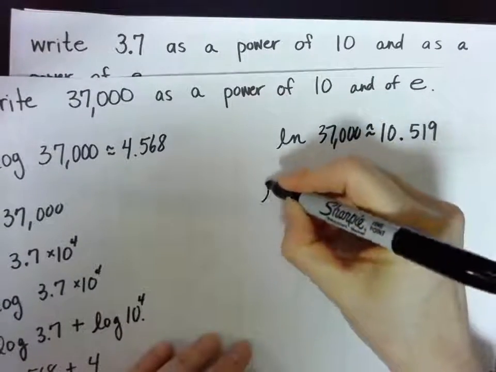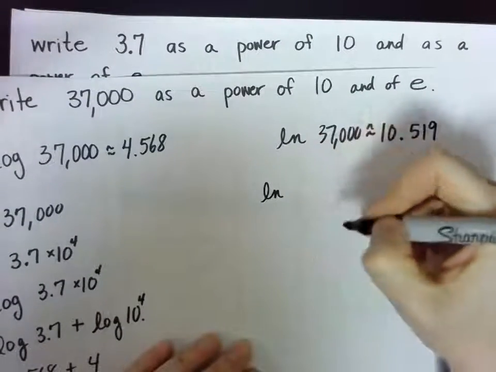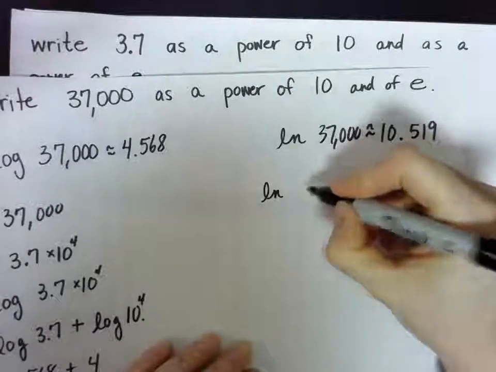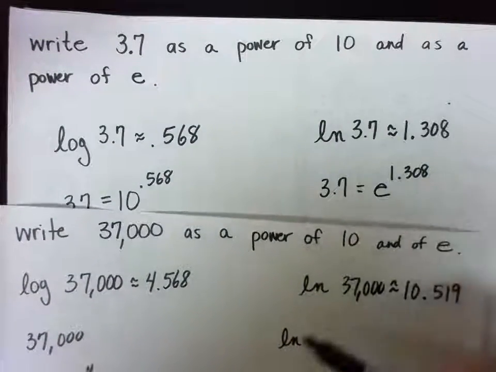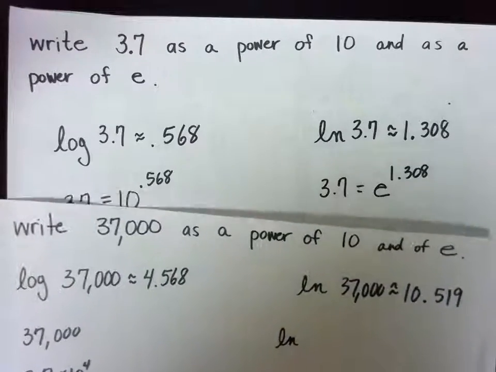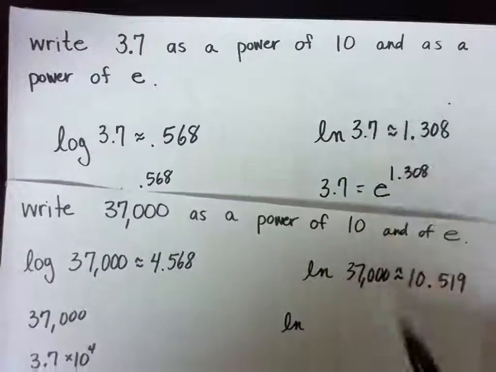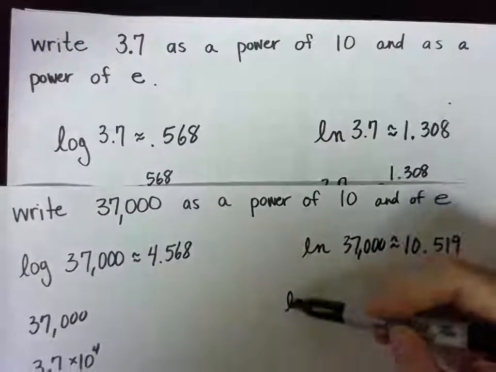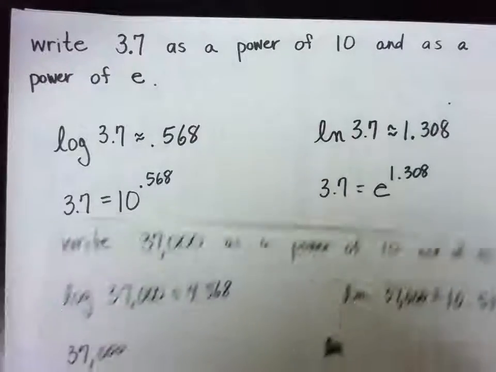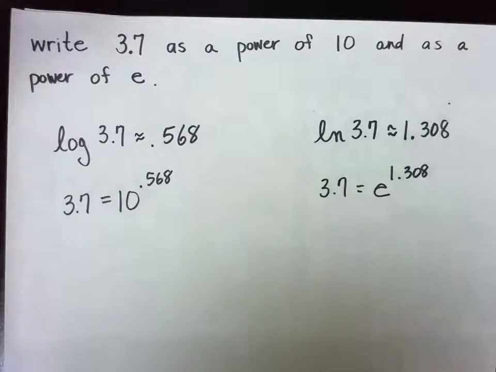So this would be the natural log of, well, this one doesn't work out so well because we don't have a power of e. The powers of 10 should work out nicely. It's the 10s that are good.